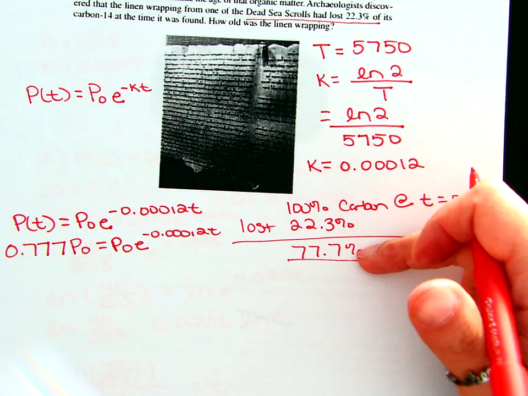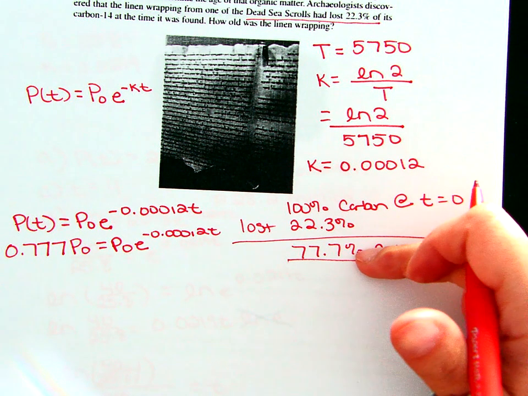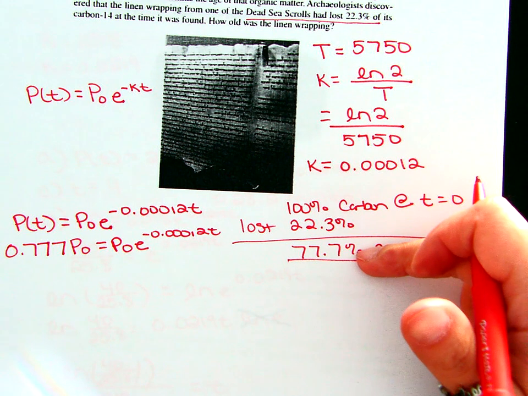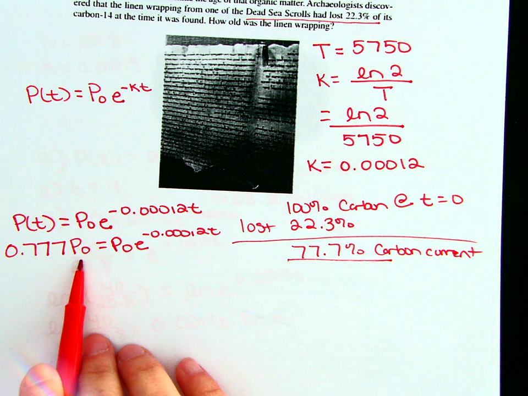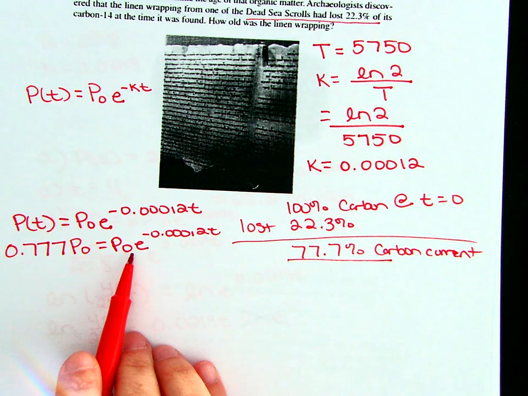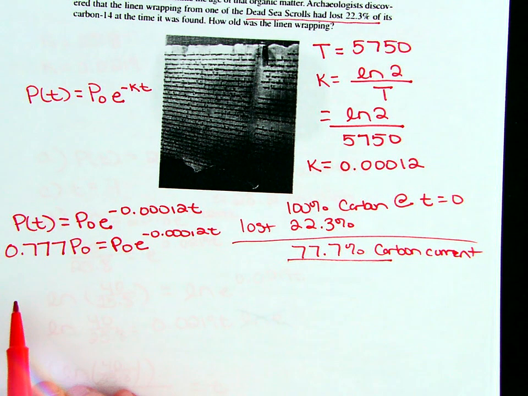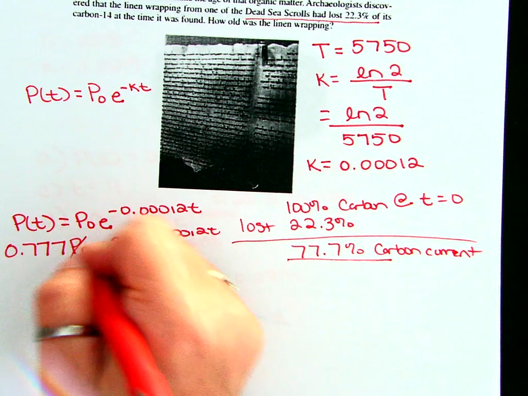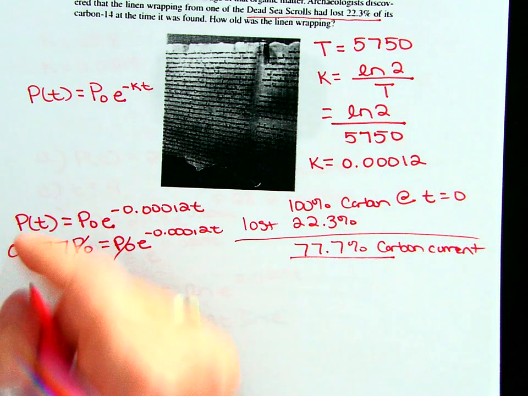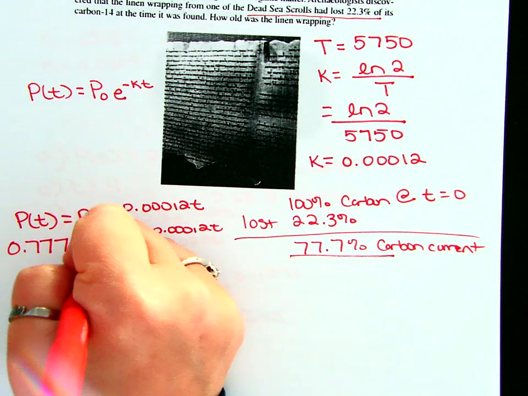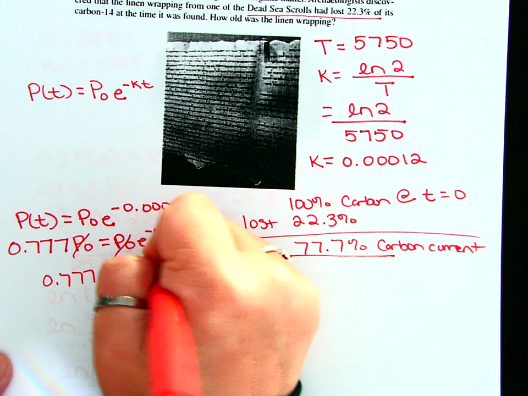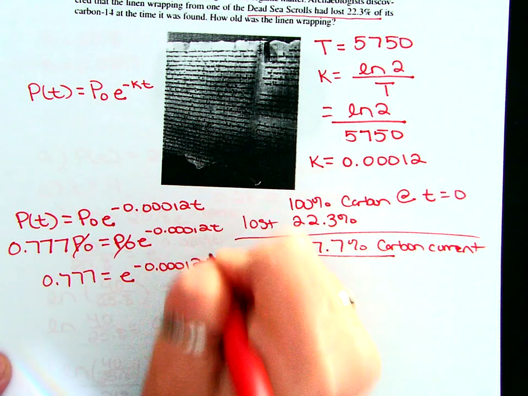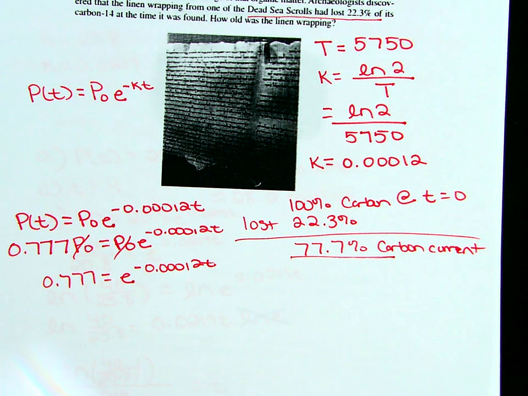So now we're going to solve. Here's the thing. If we have a P0 on this side and a P0 on this side, and we divide one of them over, what happens? They cancel. So we have 0.777 equals e to the negative 0.00012 T. We're going to ln both sides and solve it just like we've been doing all the others.